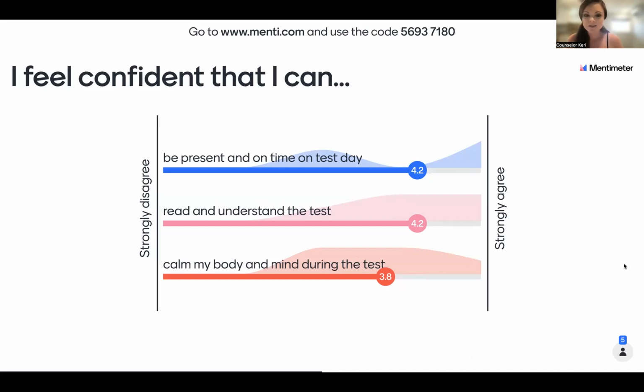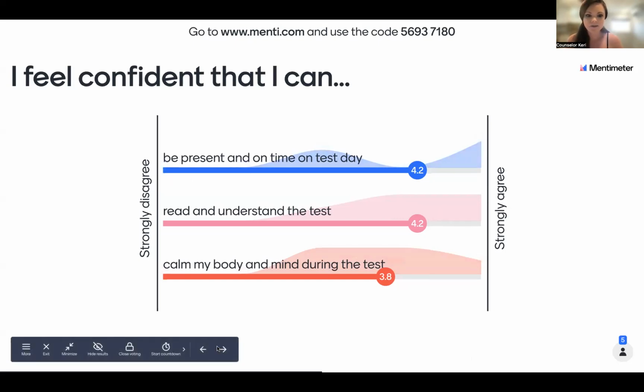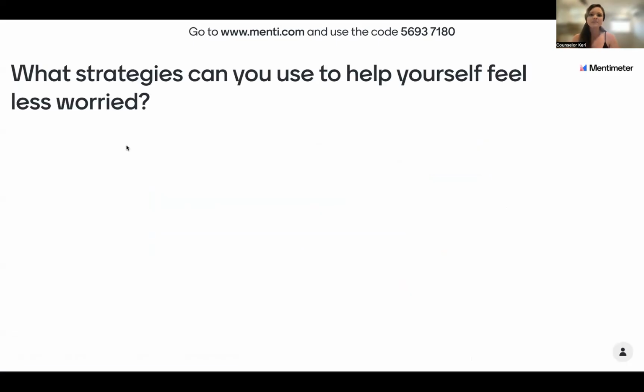So I'm going to go to the next question, I hope. Here we go. Okay, so now this one is going to ask you to actually type in, and so you can ask your students to include their name with their response on this one. So this one you can actually get individual data from your students. What strategies can you use to help yourself feel less worried? You just type your answer in the box, and then you can include your first name or your initials, whatever you want to do.